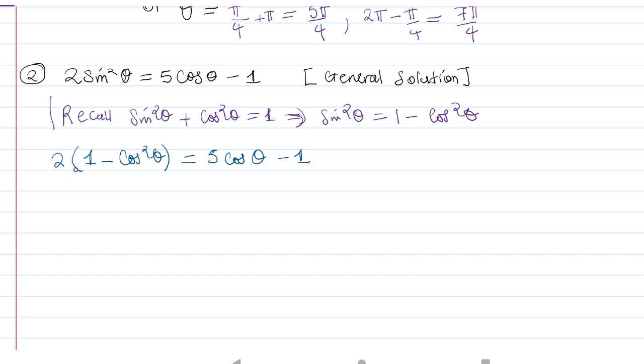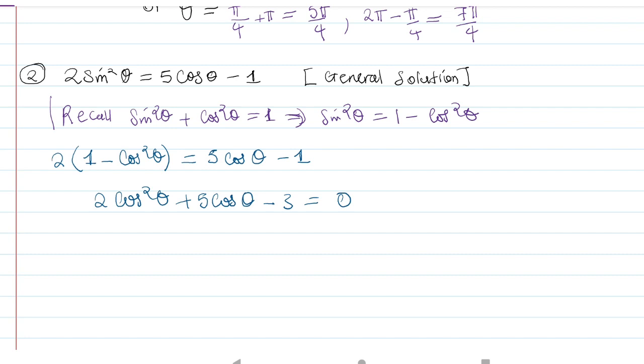So when we expand using the distributive property, we will end up with 2 cos squared theta plus 5 cos theta minus 3 is equal to 0. Now, having done this, we can solve this equation.